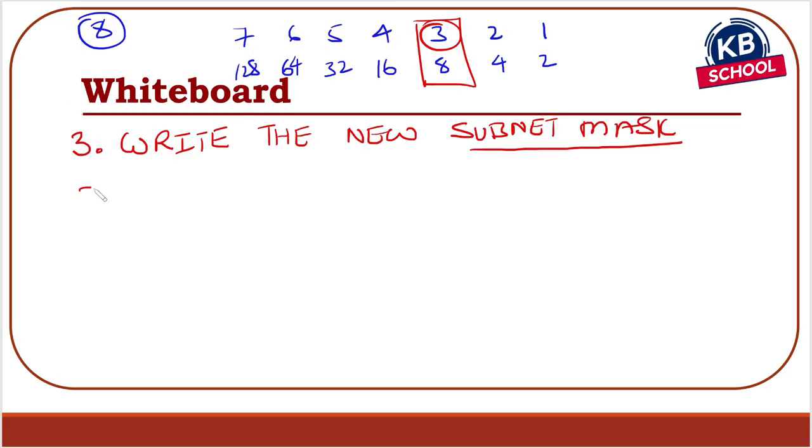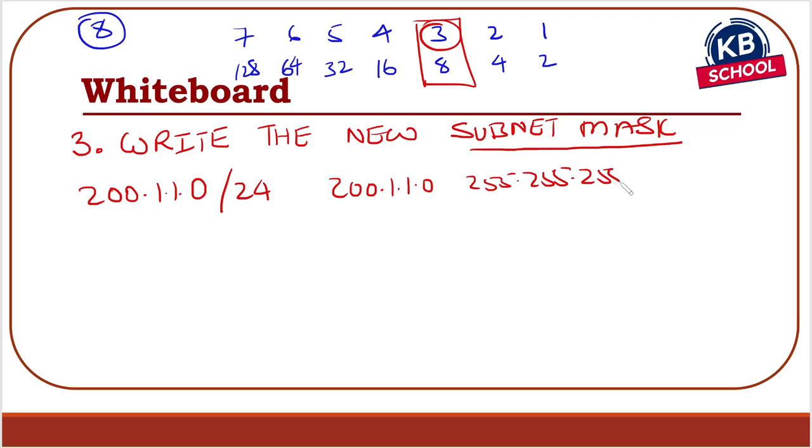Before, my network was 200.1.1.0/24, or you could have said 200.1.1.0, 255.255.255.0. Now that has changed. Now what is the new number of bits that I need to borrow? I need to borrow another 3 bits. So that number automatically becomes 200.1.1.0/27 because I'm borrowing 3 extra bits. Now to get this part of it, again, I'm borrowing the first 3 bits of the last octet.